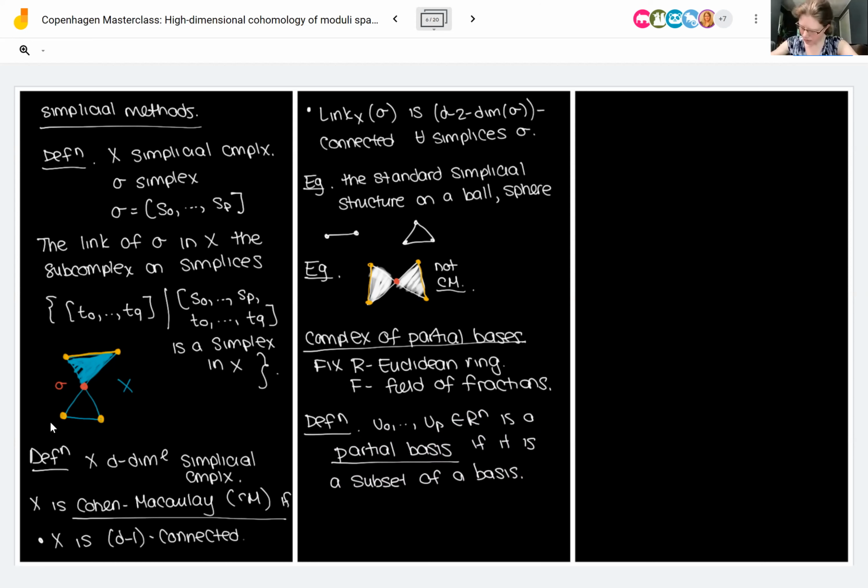Okay, so here's a couple of warm-up exercises along these lines. Verify that if I have a single element V0 in R^n, then this is a partial basis if and only if it is primitive.